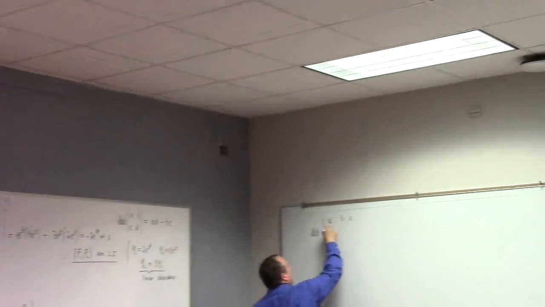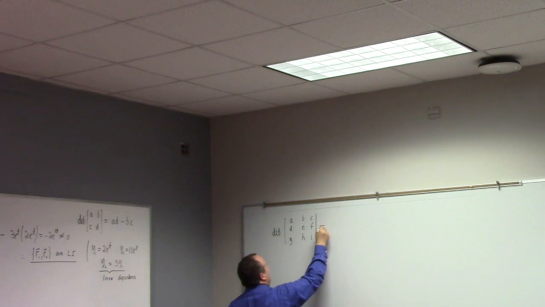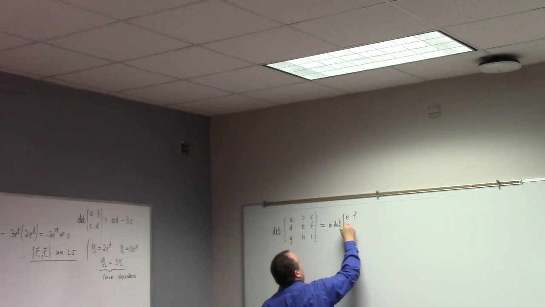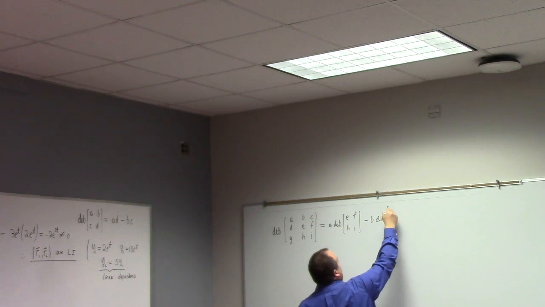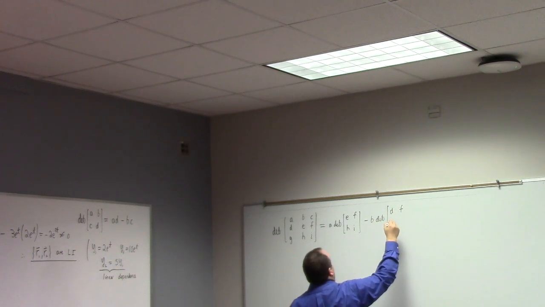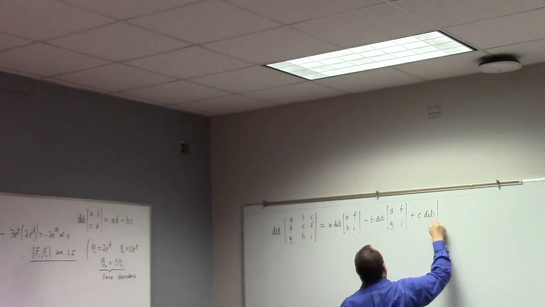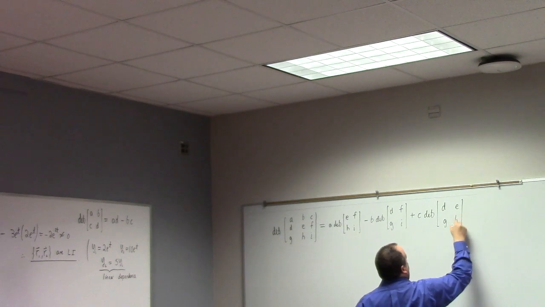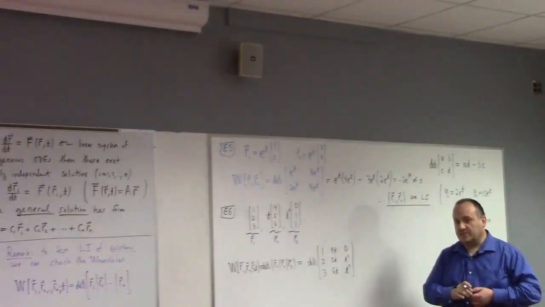If we have the determinant of A, B, C, D, E, F, G, H, I, it is A times the determinant of E, F, H, I, minus B times the determinant of D, F, G, I, plus C times the determinant of D, E, G, H. This is so-called Laplace's expansion by minors.